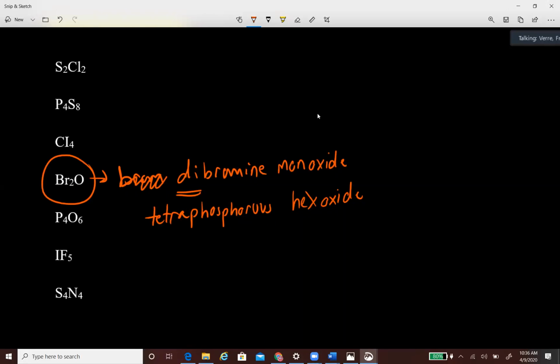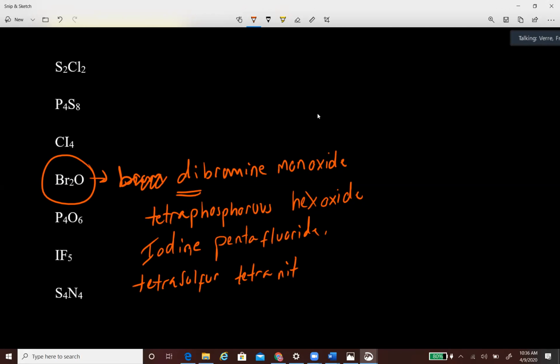The next one is iodine, 5, so that is pentafluoride. And the last one is tetrasulfur tetranitride.